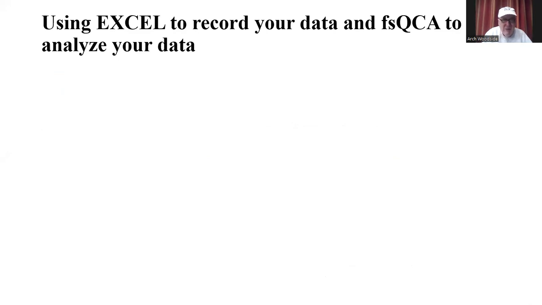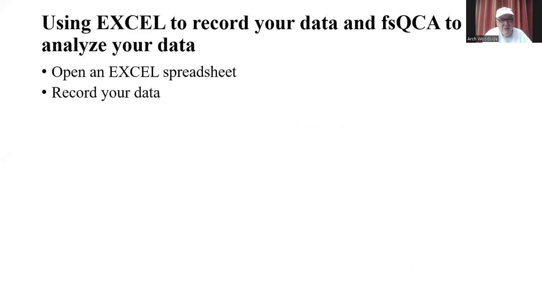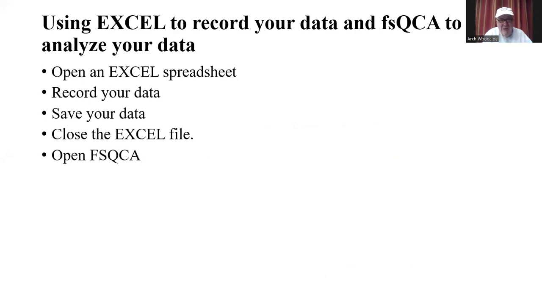What we covered in lesson 3 was these steps. Open an Excel spreadsheet, record your data, and save the data. Close the Excel spreadsheet, and you really need to do that because you can't save things unless the Excel file is closed. You can't save things in fsQCA.